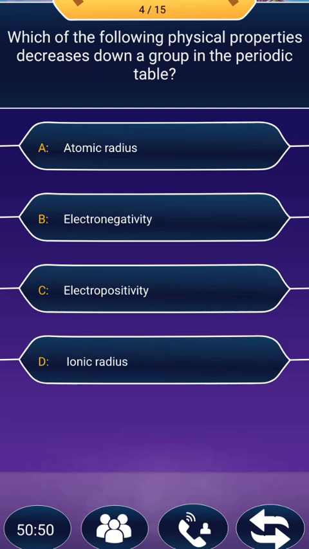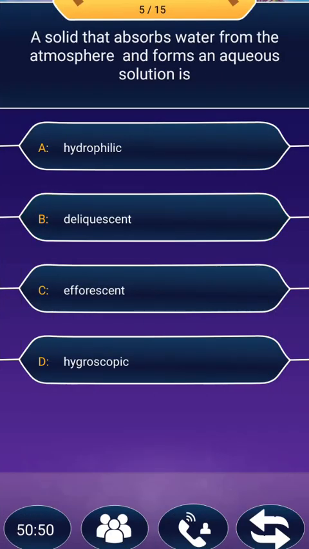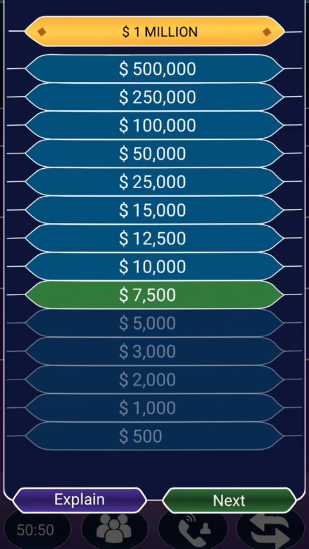Ooh, that's electronegativity. $5,000. Too much money. Wow. Next, a solid that absorbs water from the atmosphere and forms an aqueous solution. That's deliquescent. $7,500. Wow, this is about 7.5 million already. Too much money just by answering 5 questions.